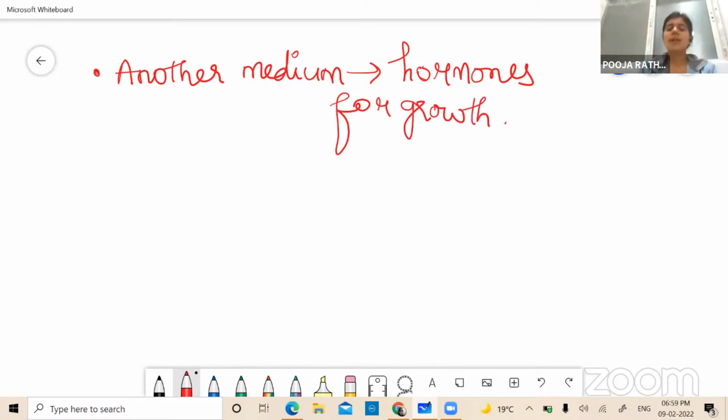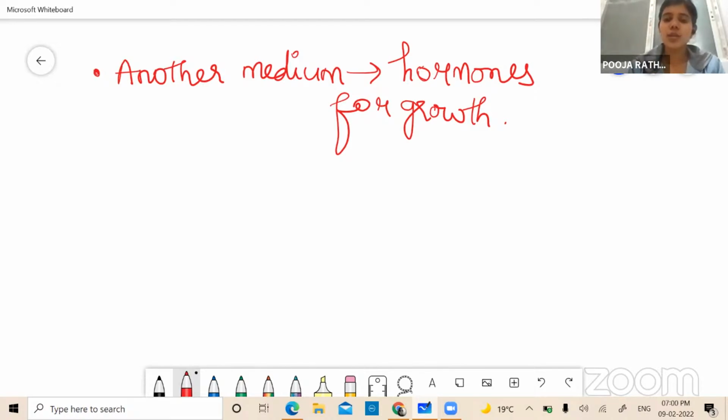Different hormones are required for plants to grow, such as cytokinins or gibberellins. These hormones are not yet in your chapter or syllabus, so I'm not discussing them here. But they are required for growth, and hence the plants are transferred to another medium in which all the hormones are present.